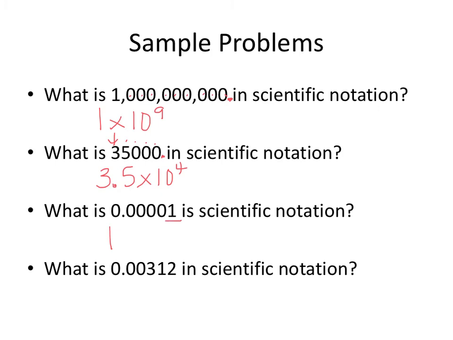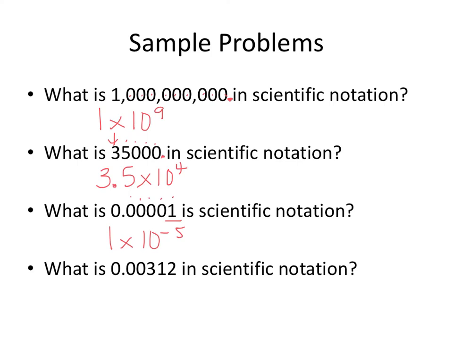Because we're trying to move it that many decimal places after the decimal. So it's 1, 2, 3, 4, 5. So this is going to be 1 times 10 to the negative 5, all right? Numbers less than 1 are negative scientific notation exponents, sorry.